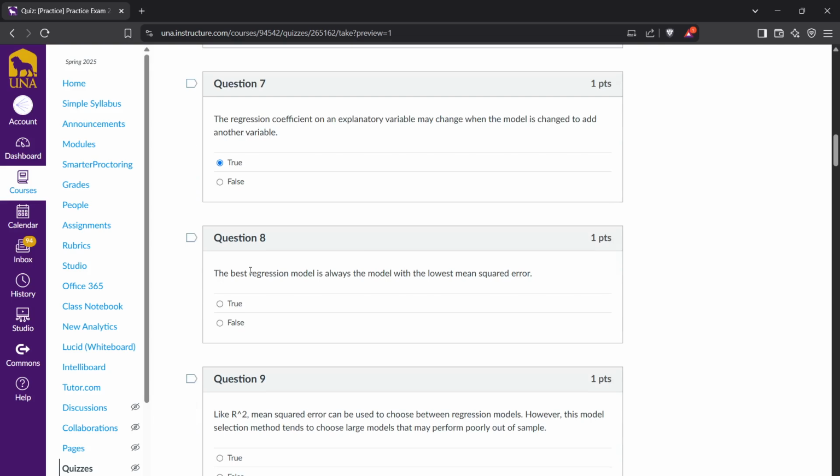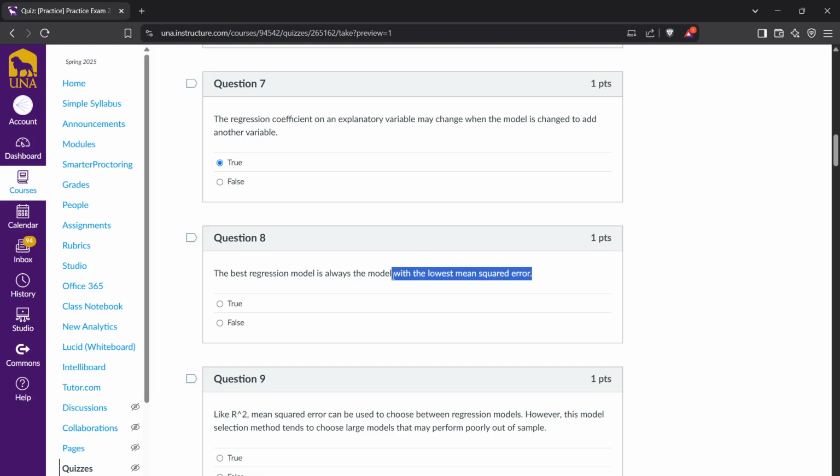8. The best regression model is always the model with the lowest mean squared error. Ooh. Now, this one could be a bit spooky. The best regression model is always the model with the lowest mean squared error. Where have I seen a warning about this before?